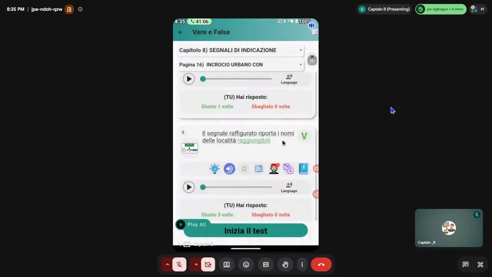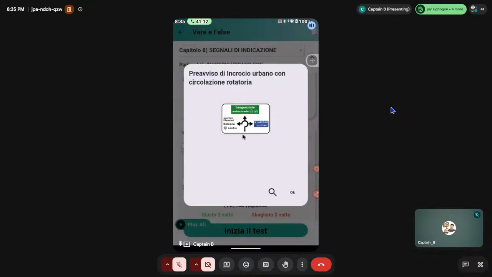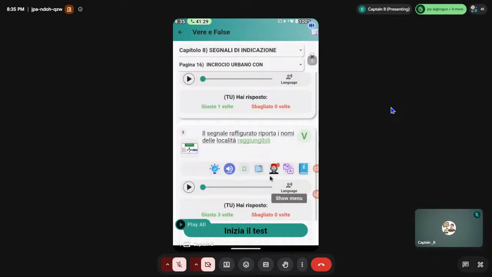So it's the name of the locality that is reachable. Now look at the names of the localities that are reachable here. You can reach Forli. You can reach Bologna. Then Ziale. You can reach other names like this, Centro and others. So that's what it means. These are names of localities. Did you get that clear? Okay. Thank you very much, sir.